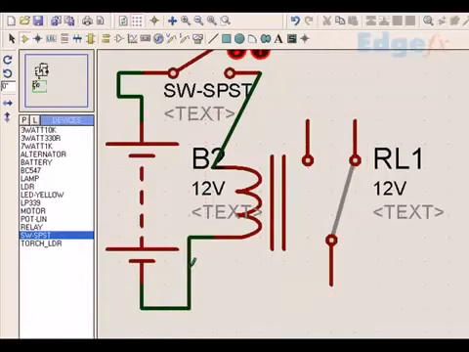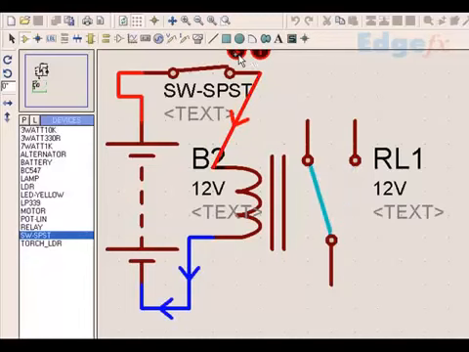Now let me see how the relay is really working. When I give power to the coil, you see this point: no power, power, no power, power. So this point is a switch which can be utilized for any purpose.